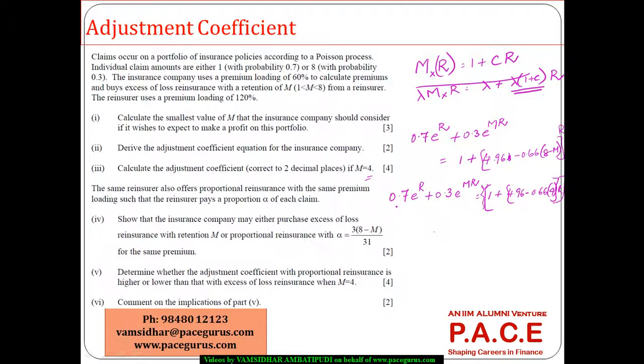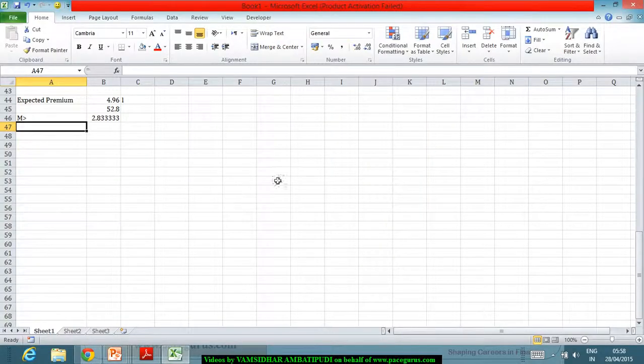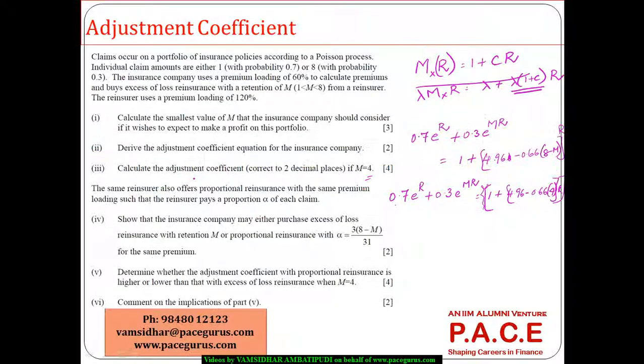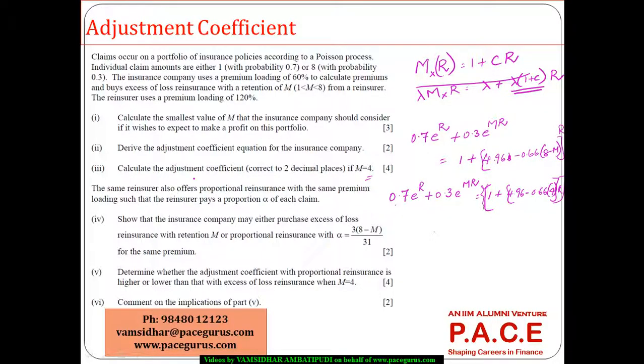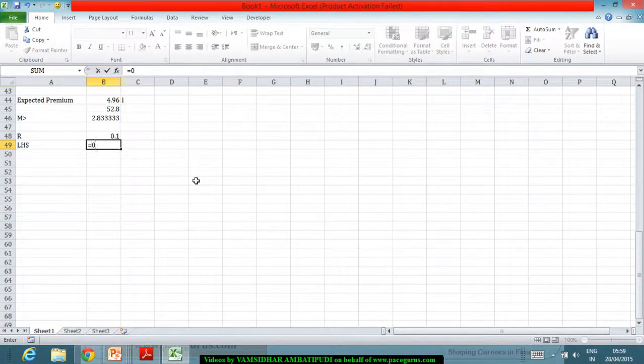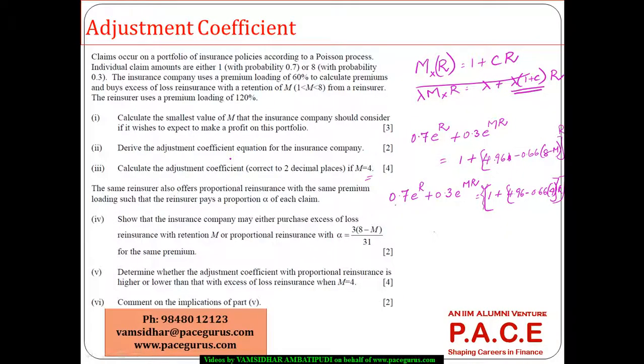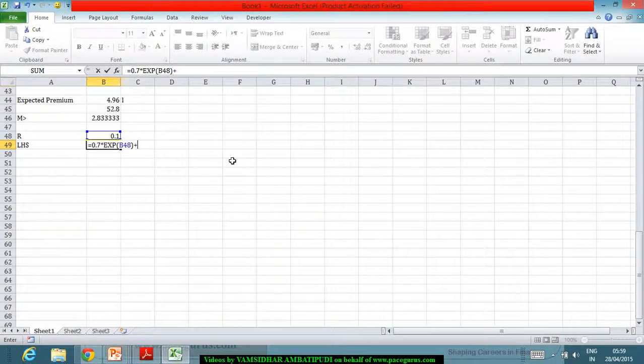So we'll try to look at this now. m is also 4, right? Okay, now let me take some value for r. Let's say I'm taking it as 0.1. Now the LHS for me is 0.7 times e to the power of r plus 0.3 times e to the power of mr, where m is 4.